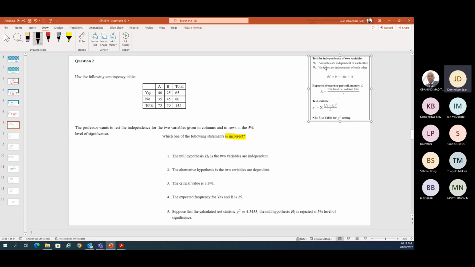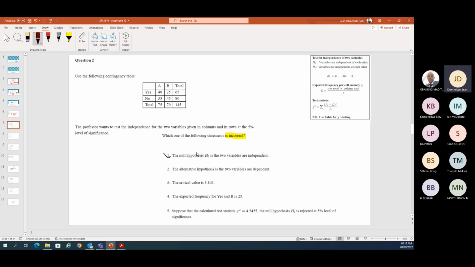So let's first look at the null hypothesis and the alternative hypothesis. The null hypothesis H0 is that the two variables are independent. Correct. Unfortunately we're nowhere yet, so we need to go on.